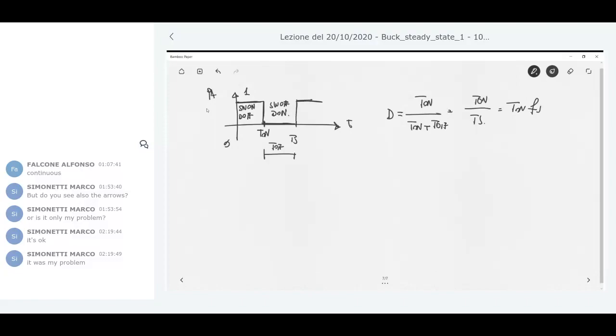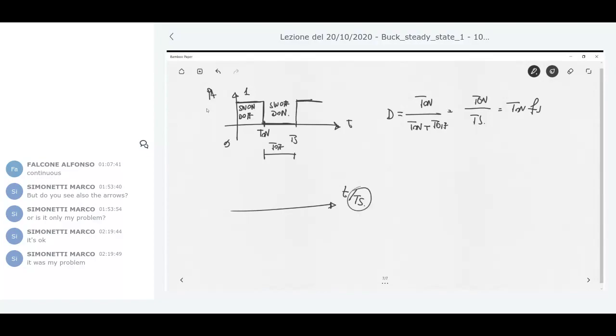Sometimes when I discuss these kinds of waveforms, with T on, Ts and so on in a periodic fashion, it is useful to rescale the horizontal axis, the time axis, into a dimensionless axis by dividing time by Ts.